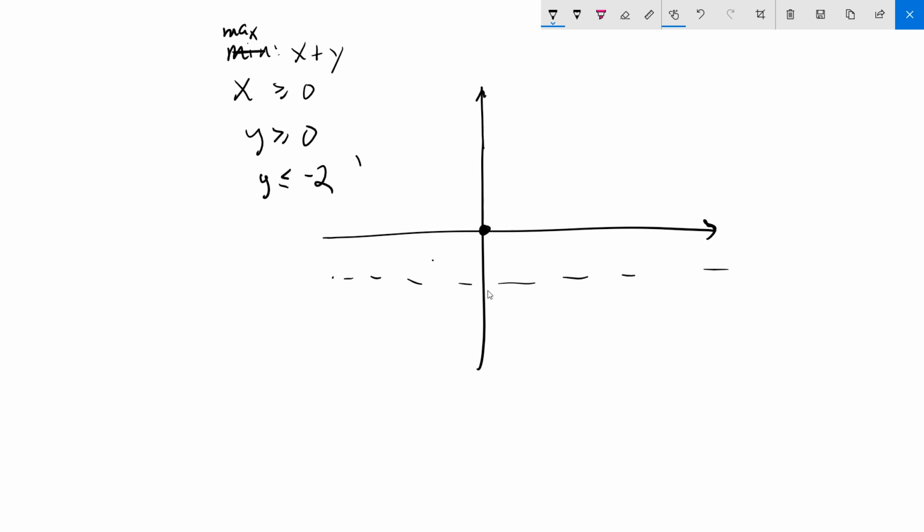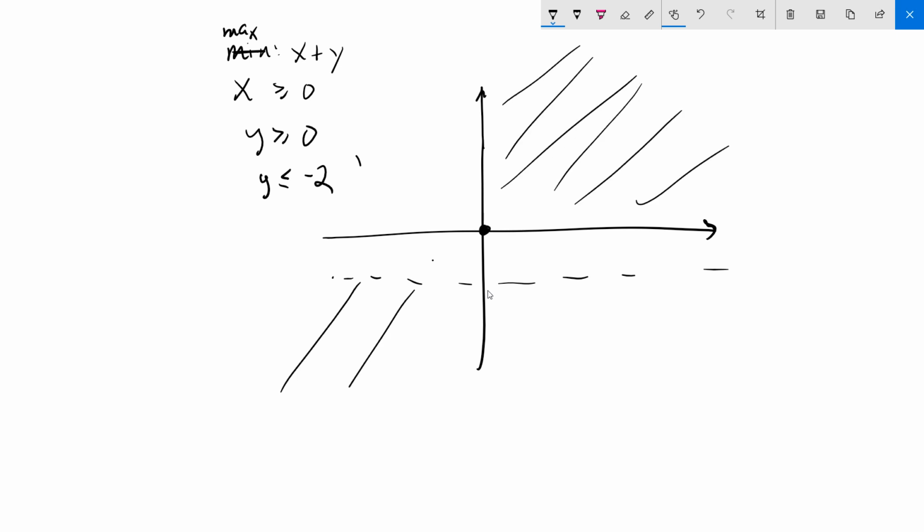And so the feasible region would be the intersection of the first 2 constraints and the last 2 constraints. The intersection is empty, so there is no feasible region.